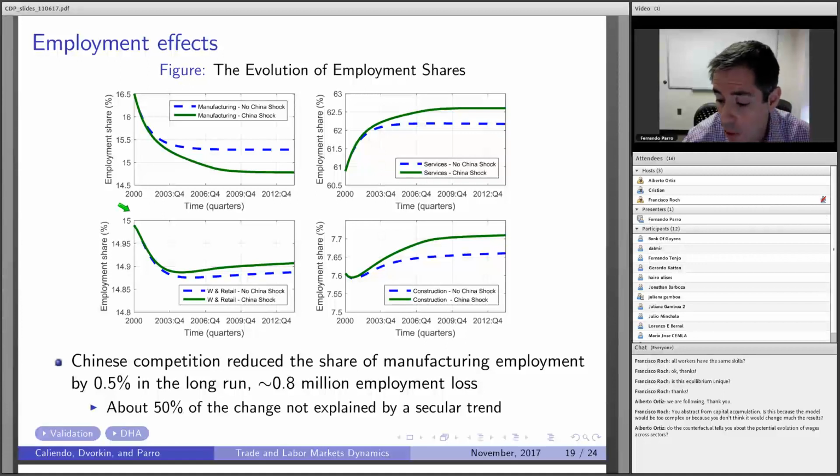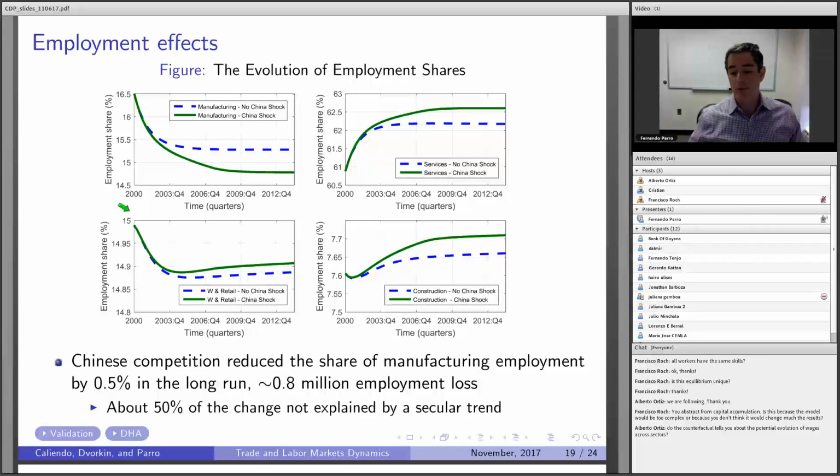Introducing capital accumulation is feasible to do. It's an open question how much it mattered for our results. We don't know. It's an interesting avenue for future research, and actually we are thinking about that right now for a new paper.